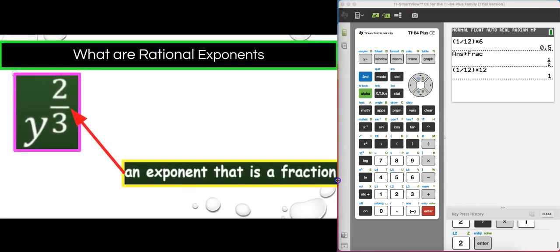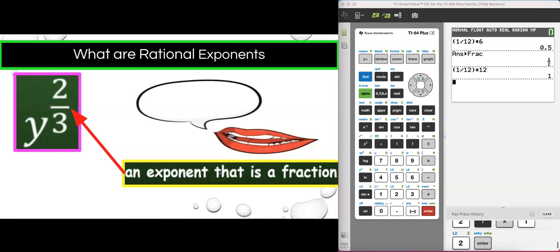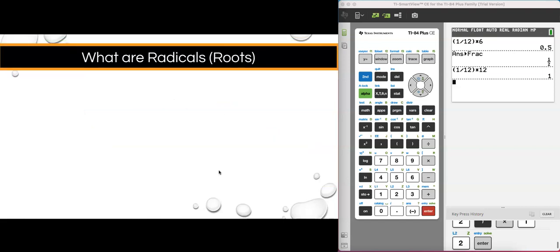As you can see here, the fractional exponent is 2/3. We've been working with them, but we've just never really given them a name. Now we know that they are rational exponents, or rational numbers, because they're written as a fraction. So how do we say this? We say y to the power of 2/3.